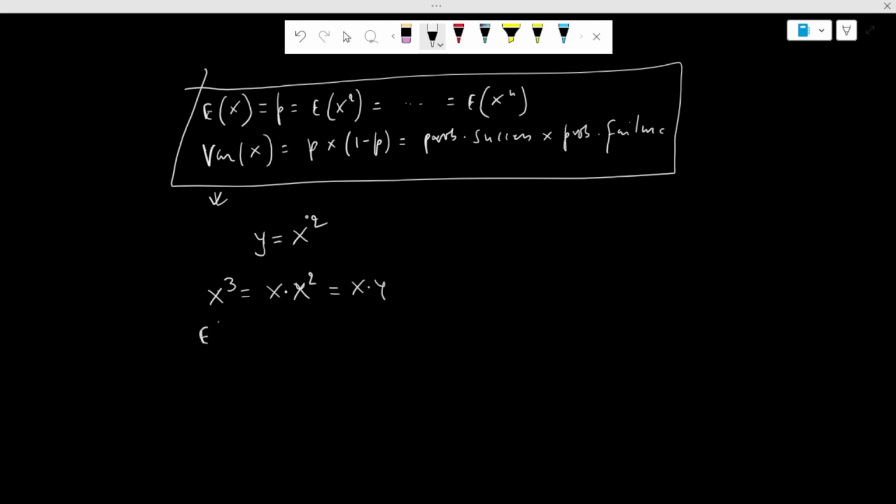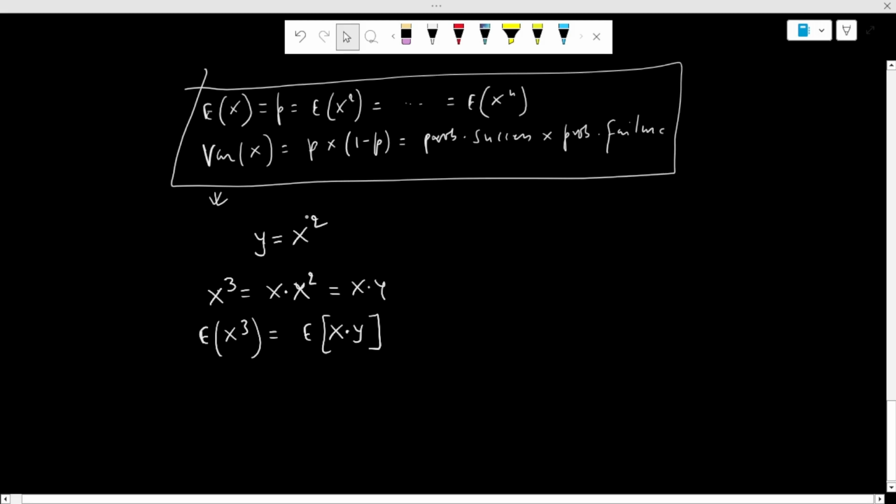So the expectation of x cubed can be written as the expectation of x times y, where x is x itself and y is x squared. x is in fact our Bernoulli random variable, therefore y is also a random variable, because y is a function of x. If x is our random variable, then y is also a random variable by construct.